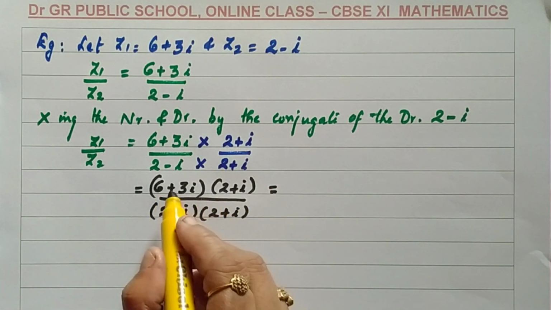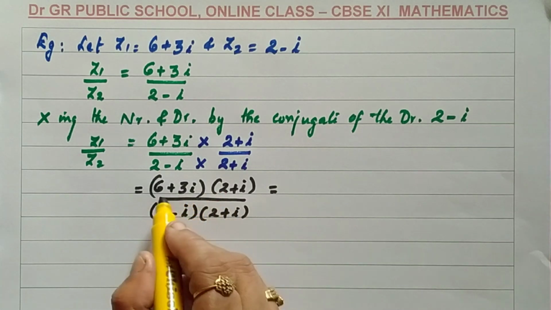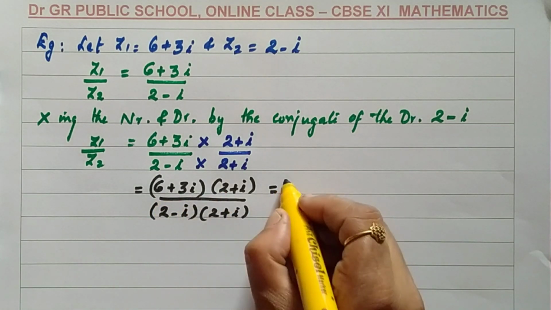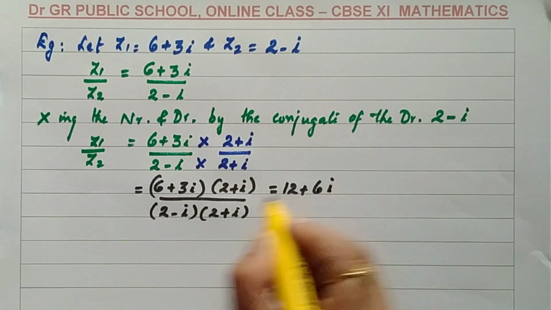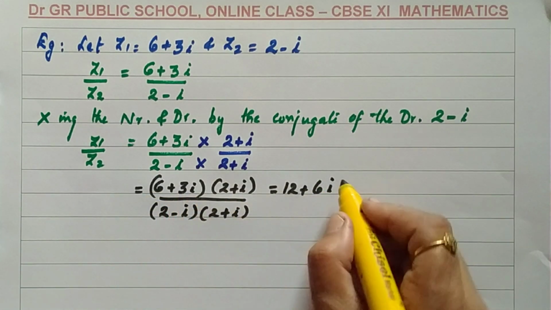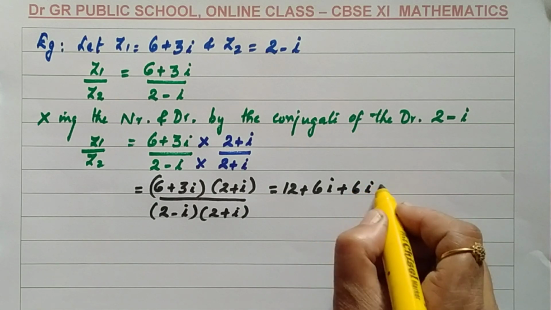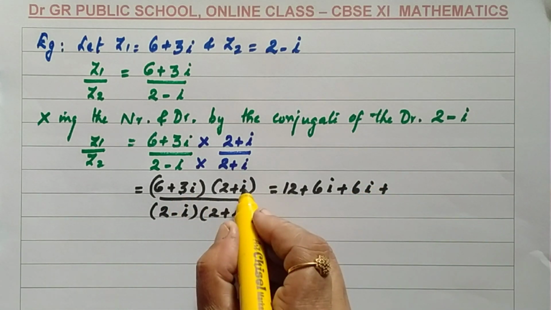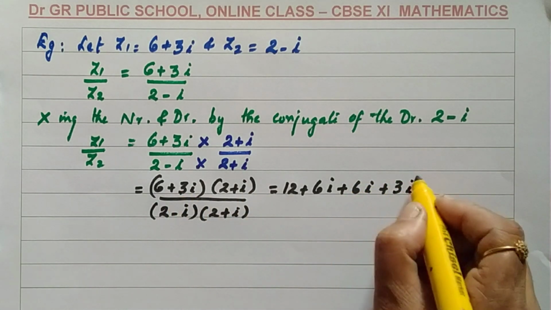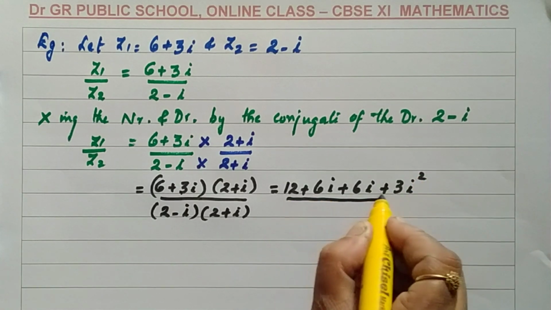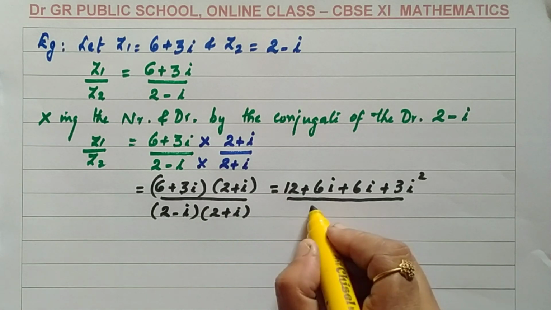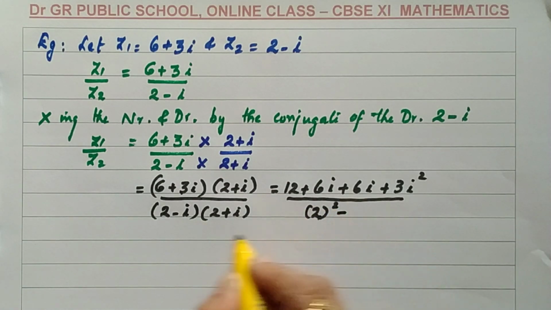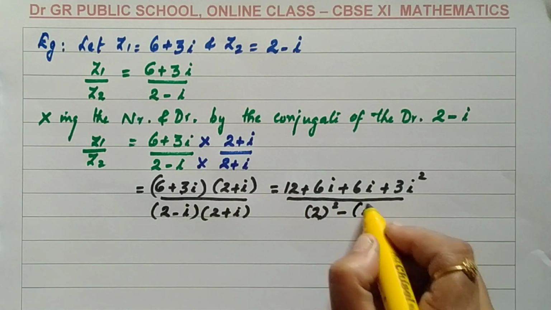You know how to do the multiplication of two complex numbers. 6 into 2, 12, plus 6 into i, 6i, plus 3i into 2, 6i, plus 3i into i, 3i square, divided by. In the denominator, you can apply the property a minus b into a plus b, a square minus b square, that is i square.